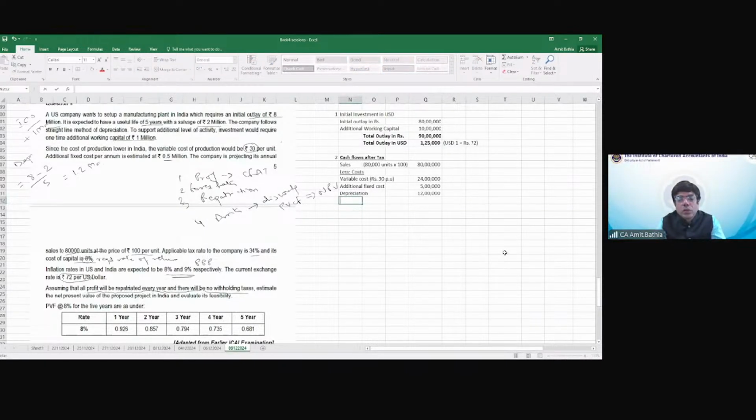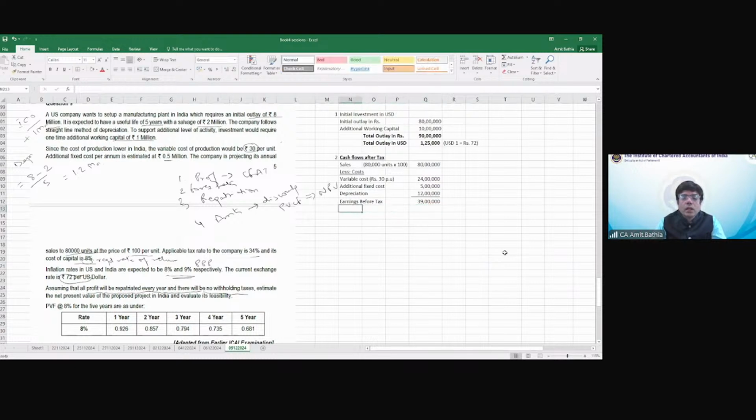So earnings before tax is how much? 80 minus 24 minus 5 minus 12. So I get 39 lakhs. Now from that I will say less tax. At what rate? At 34%, am I right? Yes, sir.